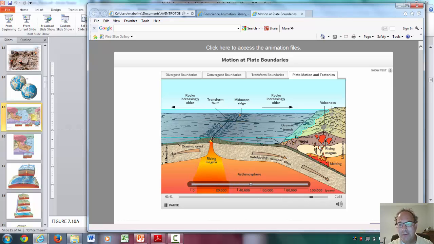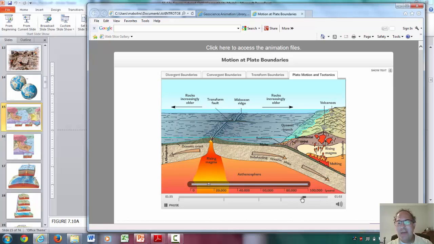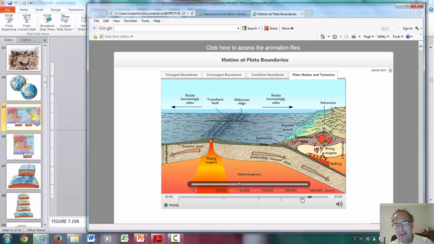Now, right where the oceanic lithosphere dives down beneath the continental lithosphere, right here, you have an oceanic trench. That's a deep spot in the ocean. The trenches are better developed at some convergent plate boundaries than at others.